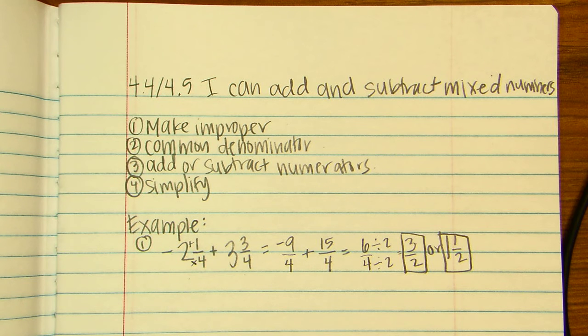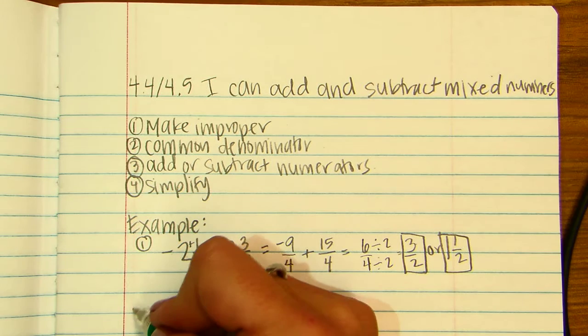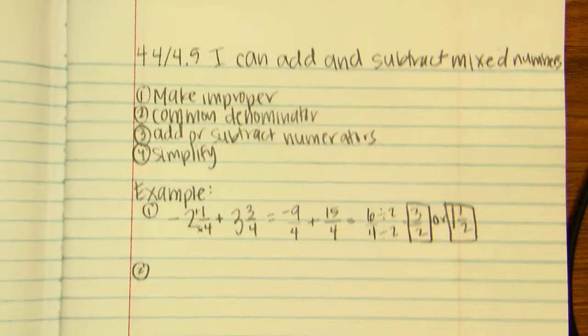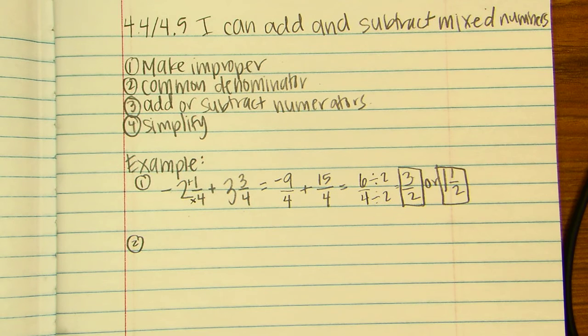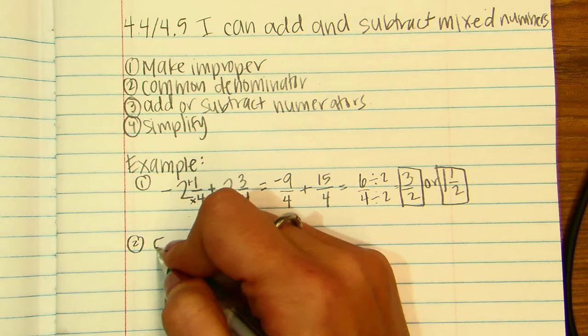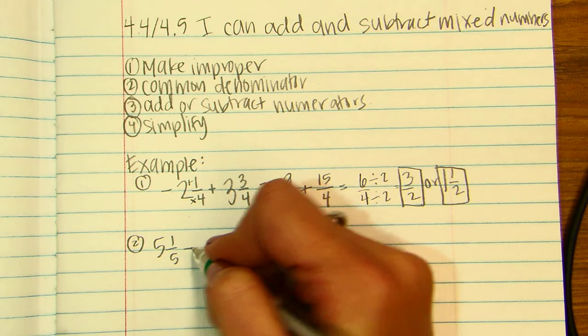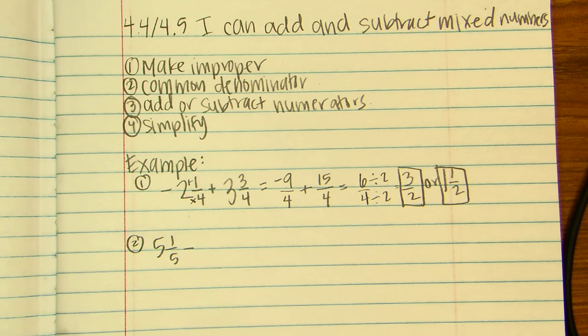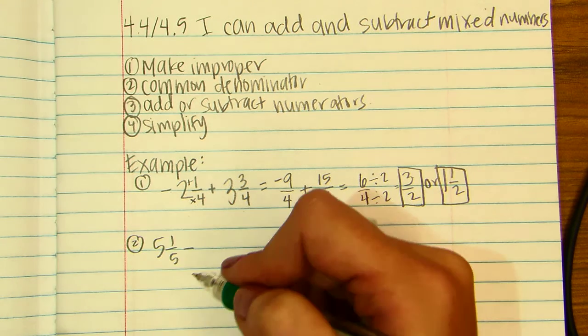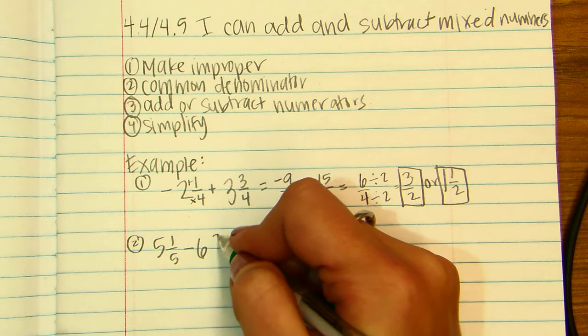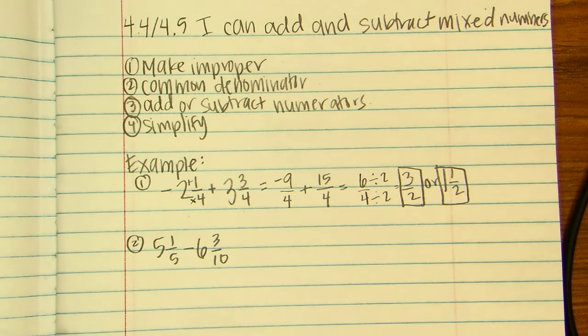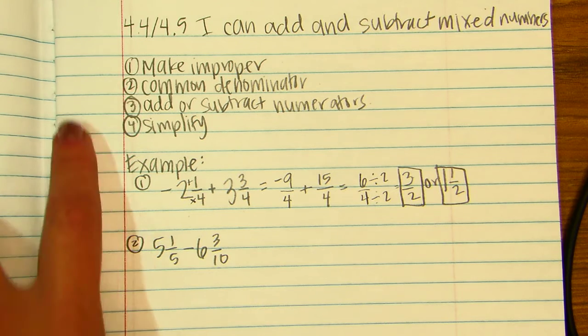For example 2, let's put it down here. Example 2, we're going to do 5 1/5 minus 6 3/10. So we have 5 1/5 minus 6 3/10. Same thing, we'll start with step 1, we have to make them improper.